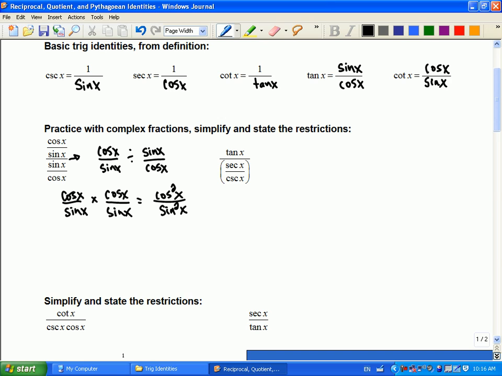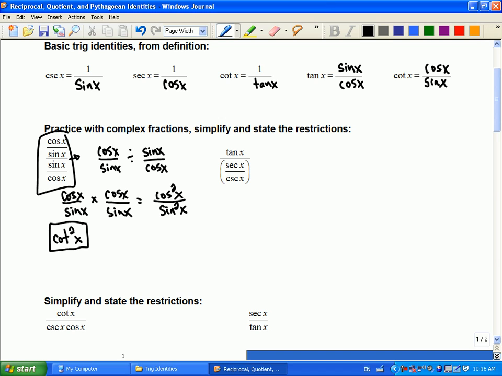Does anybody? Yeah, that's great. This is actually the cotangent squared. So we've just simplified this down to one trig ratio, from all of this mess of fractions, down to the cotangent squared of x.